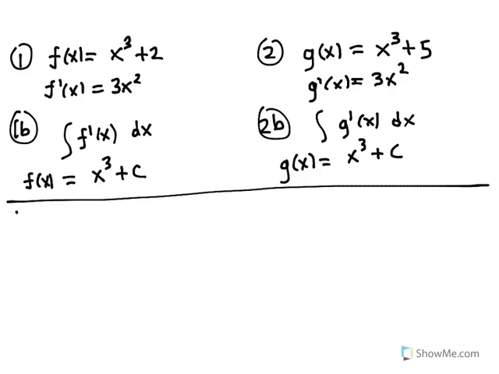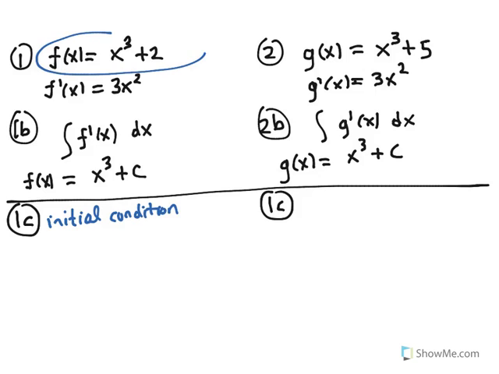So at the top of the screen, I've rewritten a summary of what we just did on the previous screen. And in 1c, we're going to have initial conditions. What's an initial condition? An initial condition is some information about the original function f, or for 2c, some information about the original function g.